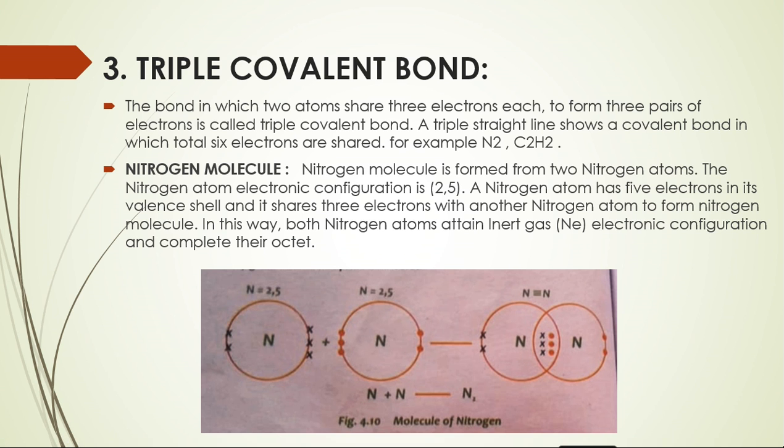So two nitrogen atoms share 3 electrons from each side to form 3 pairs, meaning 6 electrons will be shared between them, and this will result in a nitrogen molecule. So in the nitrogen molecule, a triple covalent bond is formed.